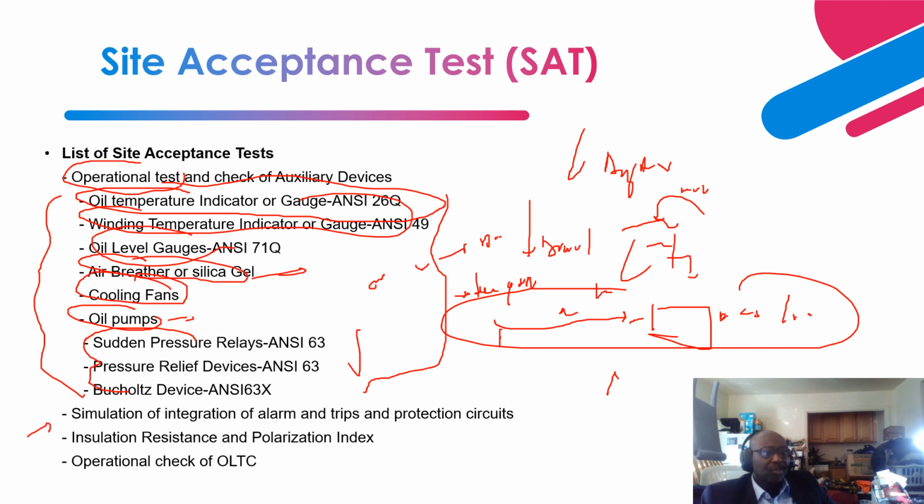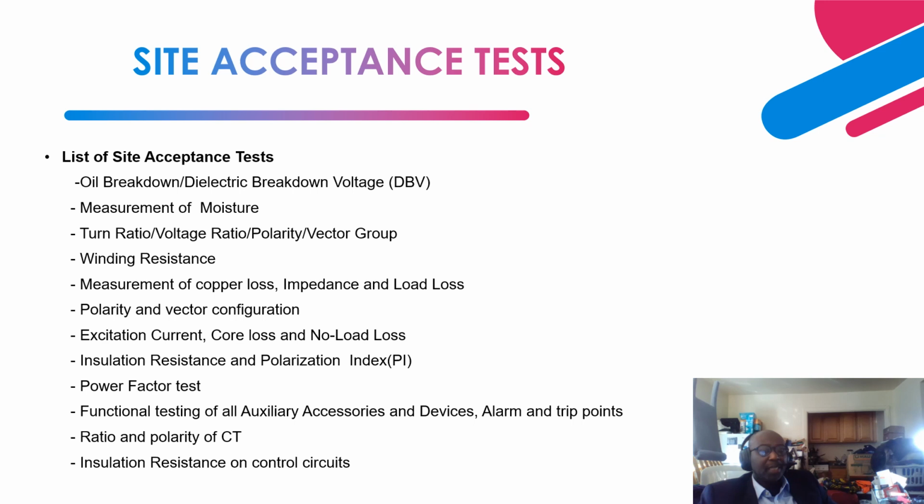Then insulation resistance and polarization index. Then operational check of OLTC. Actually, insulation resistance testing, not polarization index, but insulation resistance testing of all the circuits. Next is oil breakdown voltage testing, measurement of moisture.